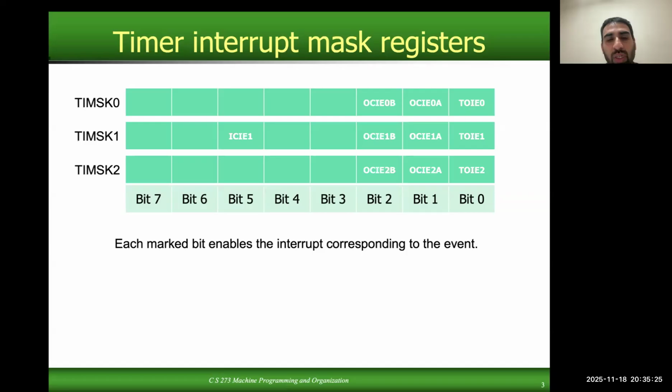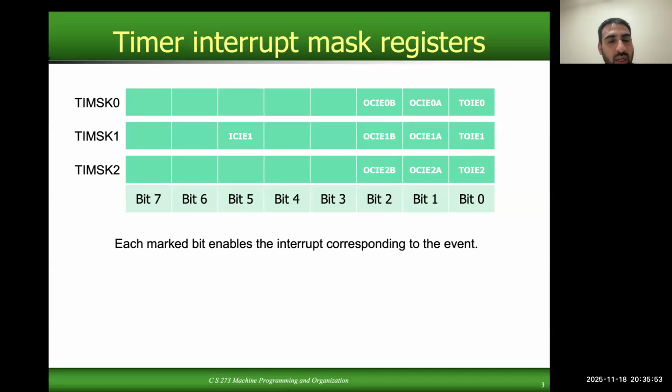So for that purpose, if we want to do interrupt-based handling of an event, for example, the overflow flag, we first need to configure or set the bits in three registers, depending upon which timer we are working on. So there are three registers, timer interrupt mask registers, one for each counter. So TIMSK 0, 1, and 2.